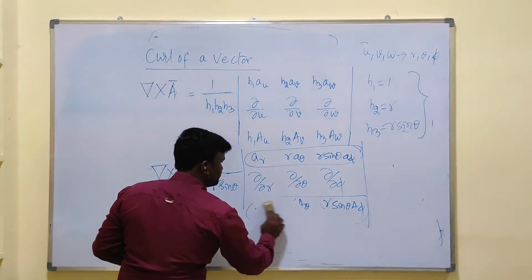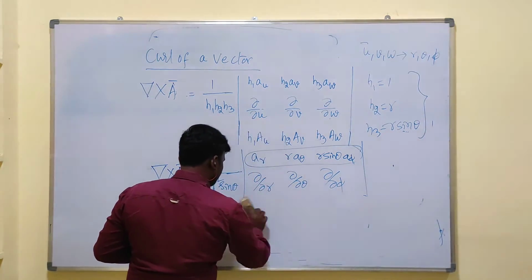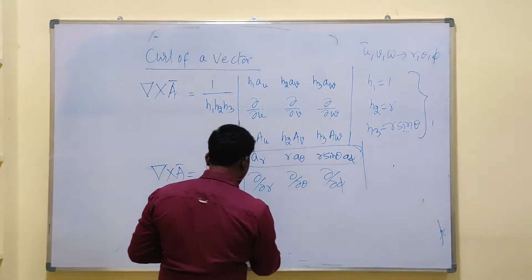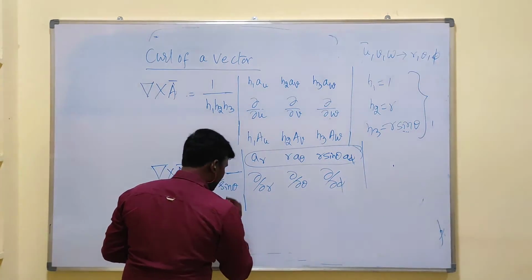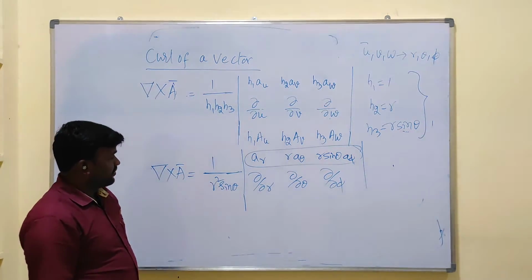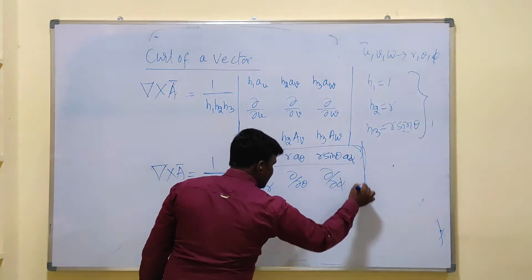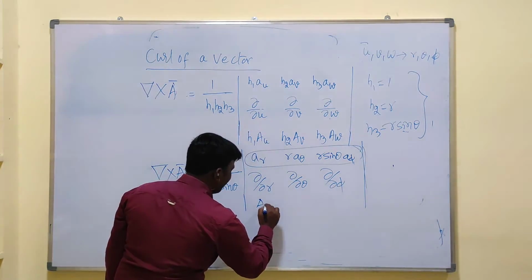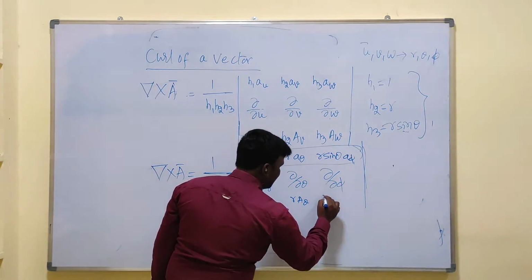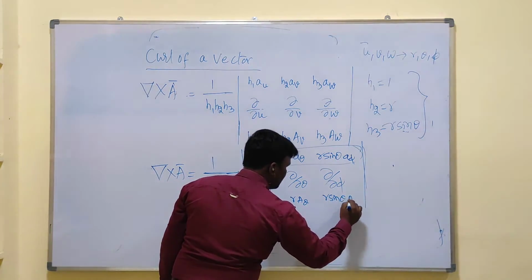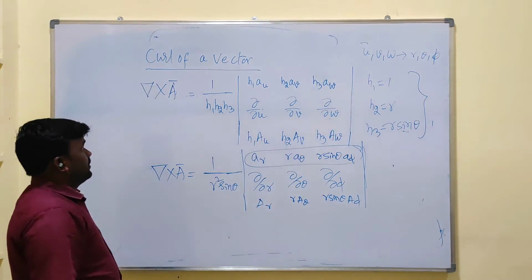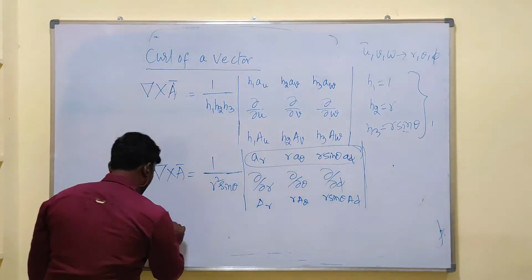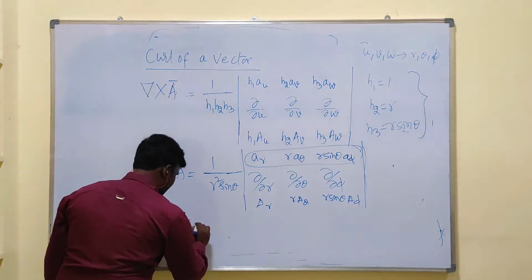Of course, I know you are very talented, so that's why I am writing directly. Here it is AR, R A theta, R sin theta A phi for the spherical coordinate system.